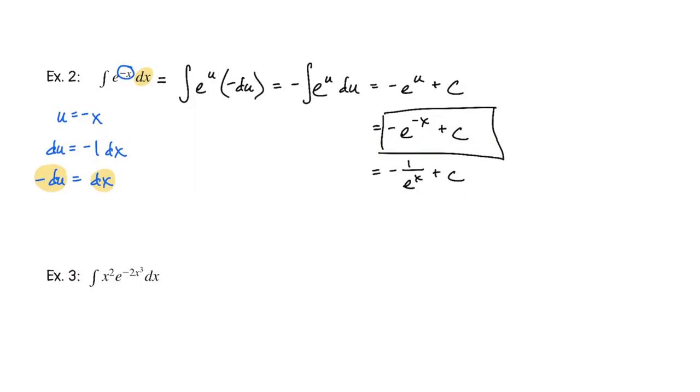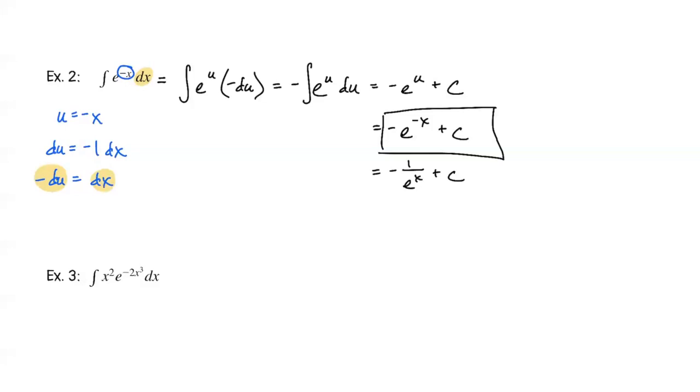When you see integration by parts, you learn that in Calc 2. That is the equivalent of product rule. Right now, we're focusing on the equivalent of chain rule. And sometimes it's really hard to tell the difference because this looks like a product, right? X squared times something else.